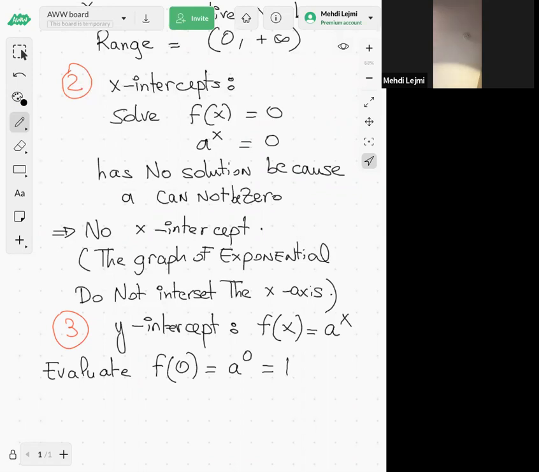Any non-zero number to the power 0 is 1. So there's a y-intercept, and that will be (0, 1). So when you graph your exponential function, there's an intersection with the y-axis, and the intersection would be at 1, right?